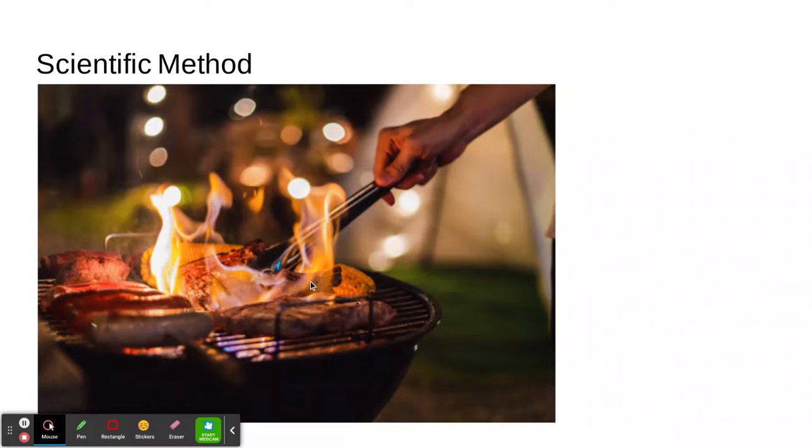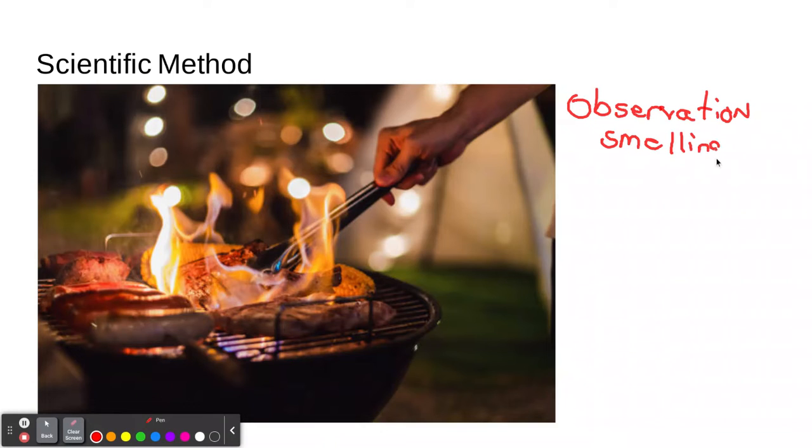And you can infer, there's a word, infer. Let's get the pen back. Use red. So, you have observation, in this case you were smelling, right? And then you inferred. To infer means to come to some conclusion on what you're observing. So you're inferring that someone is barbecuing.